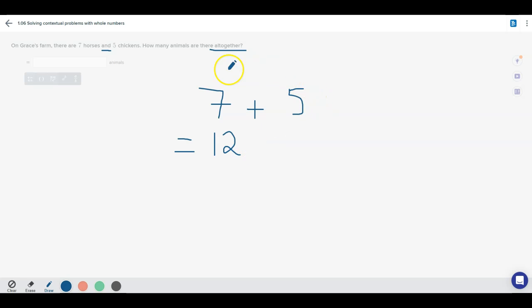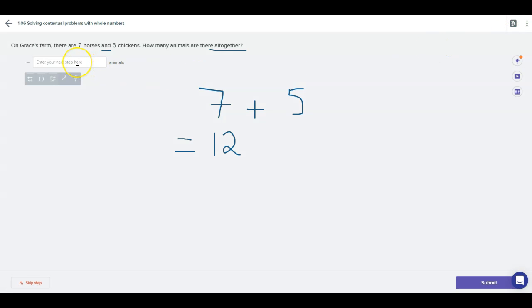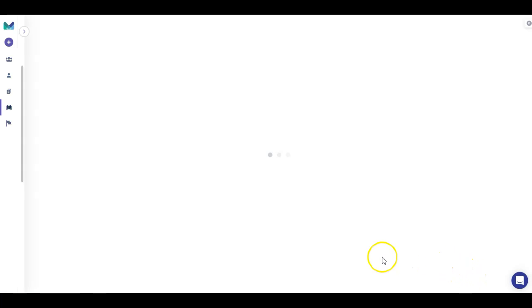So I would be expecting this sort of working out in your book before you then came back to the question like I'm about to do and type your final answer in. Just the number 12 is all that Mathspace is expecting, but I do expect to see this working out in your book. Let's try that. And of course we are correct. So let's close that example and we'll have a look at the second one.